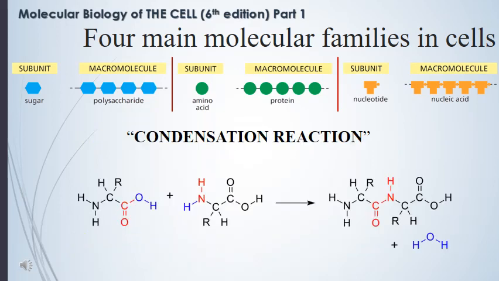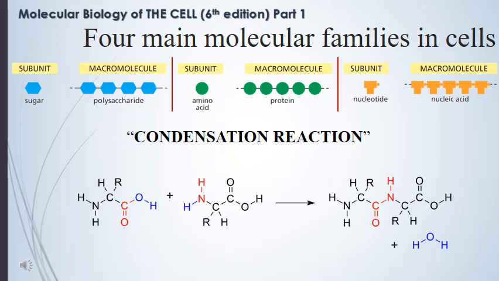So here is a typical condensation reaction. I hope you can recognize that this is a reaction between two amino acids. If you remember, we have the N-terminus and C-terminus of an amino acid, and it's the N-terminus interacting with C-terminus to form a polypeptide chain.